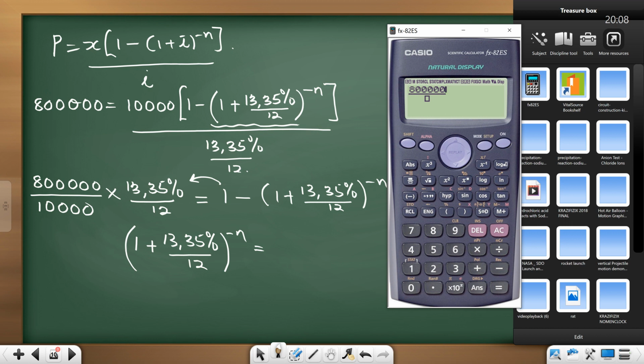Please count the zeros. Be a baby in this case. 800, 1, 2, 3, 4, 5, over 10, 1, 2, 3. Multiplied by 13.35% over 12. Relax. All right. Is that fine?